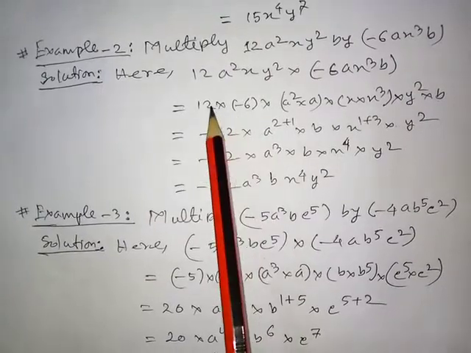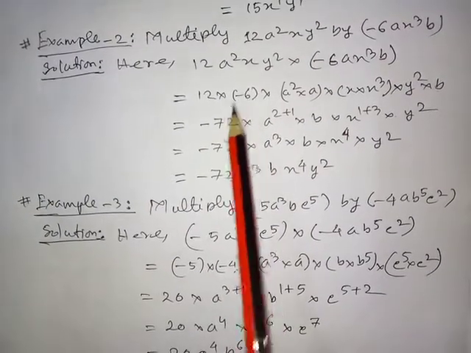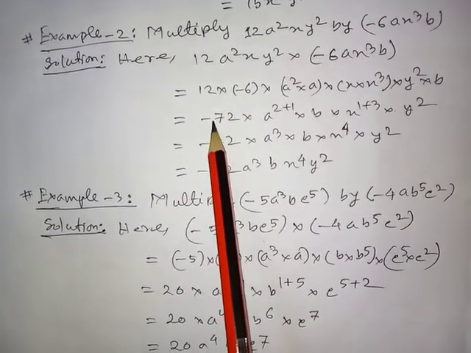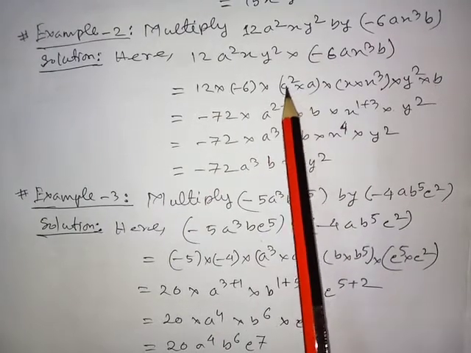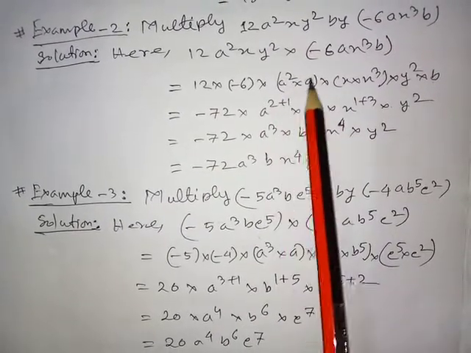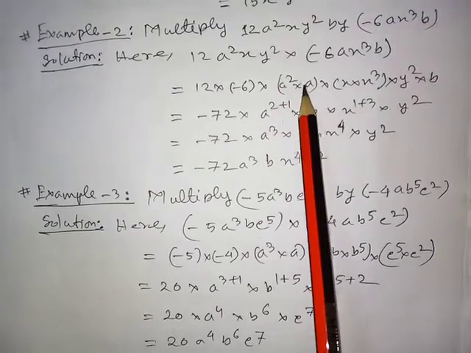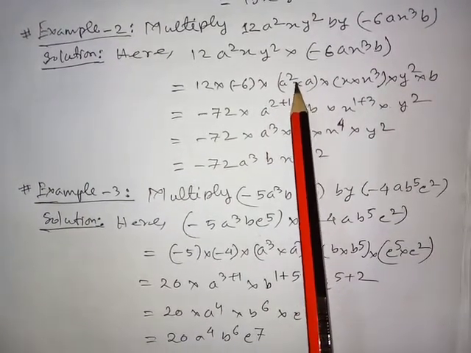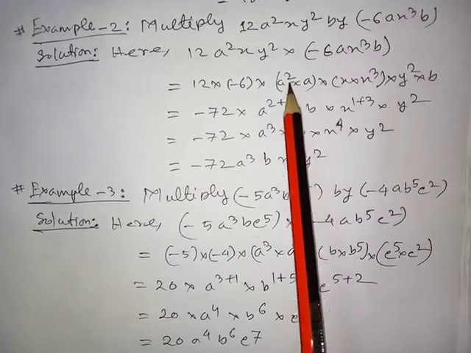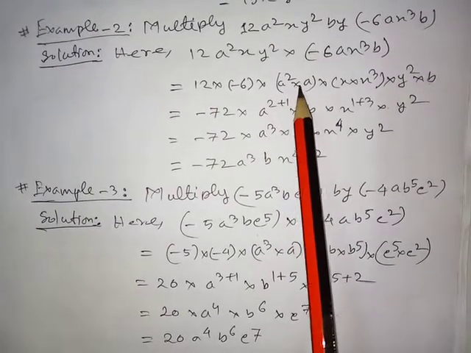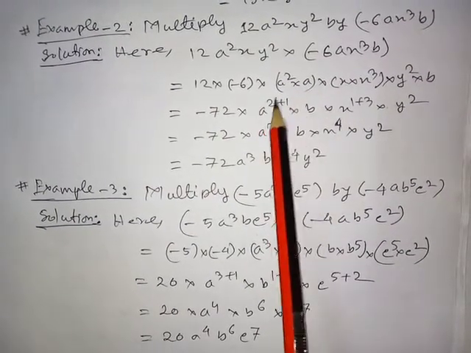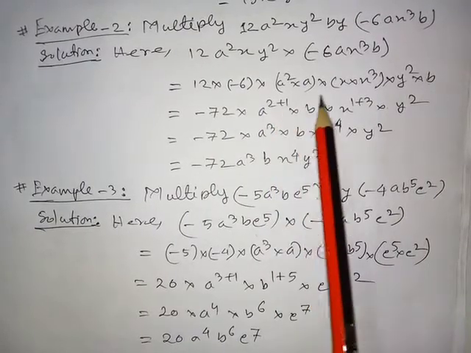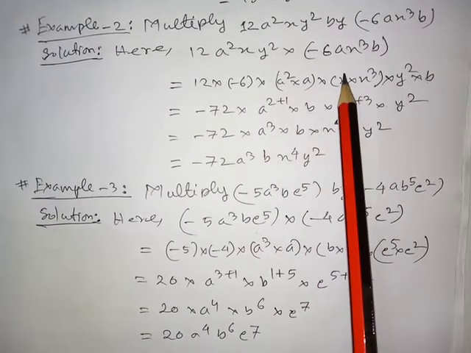Now 6 multiplied by 12 is 72, and this minus sign will go before it. Now this is a square, a. This is the same base with exponent numbers. Here a means a to the power 1. So we are going to multiply the exponent numbers, and when we multiply them, the powers will be added: a to the power 2 plus 1. Then here x means x to the power 1.